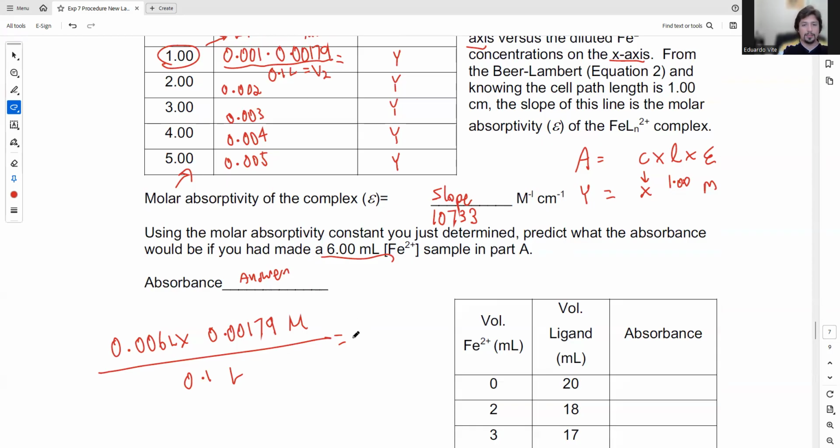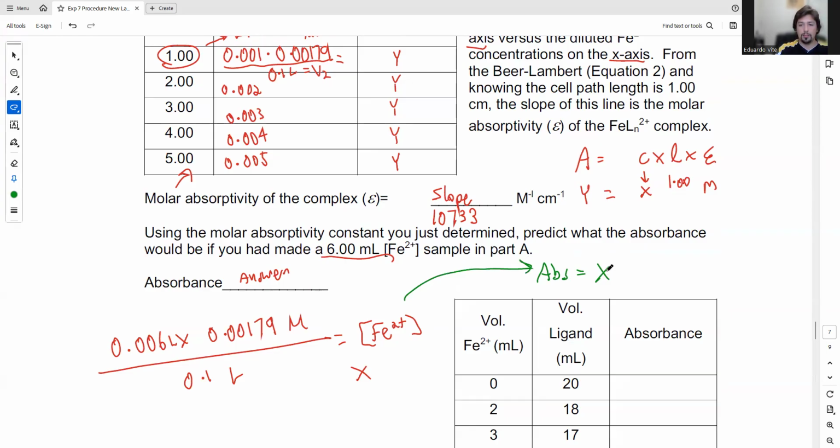So now that we have this, this is going to give me my Fe2 plus concentration, which is just going to be my X value. And so again, now we know from this equation over here, I'm going to use a different color. I'm going to use green. That Y, absorbance, is equal to my concentration, X, which is whatever you got here from this equation.